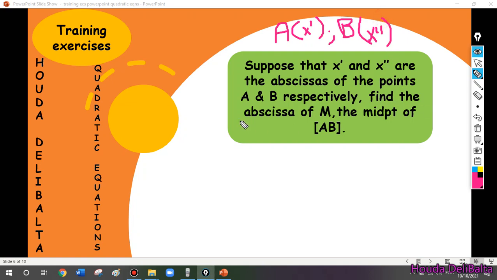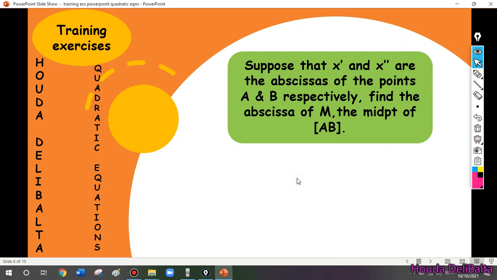We have to find the abscissa of M, where M is the midpoint of segment AB. As all of us know, whenever we have a midpoint for a segment, the abscissa of the midpoint is, for example, if we have here A and here B, and the midpoint is M, then xm is equal to xa plus xb over 2. That's the rule for the abscissa.